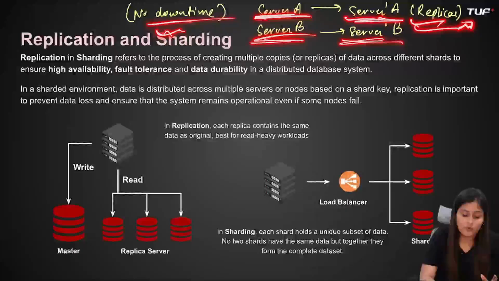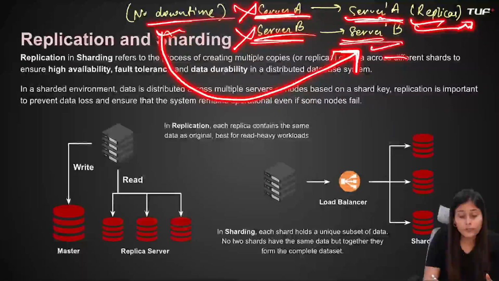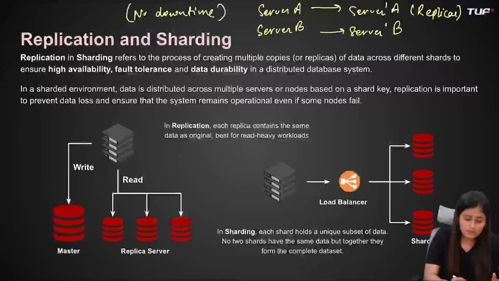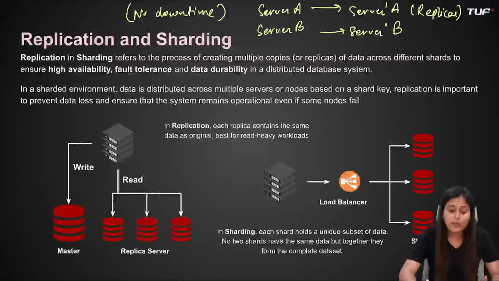So even if a server goes down, the consumer won't feel any downtime, because the replica server will serve the request. That is all about replication in sharding, and why it is important we already know: to face no downtime even if a server is down, right?